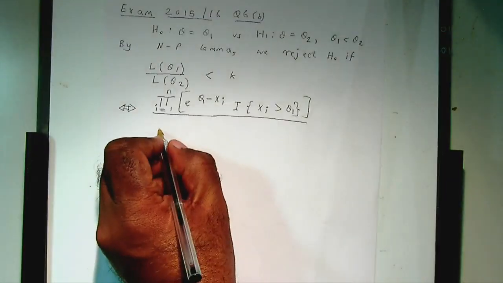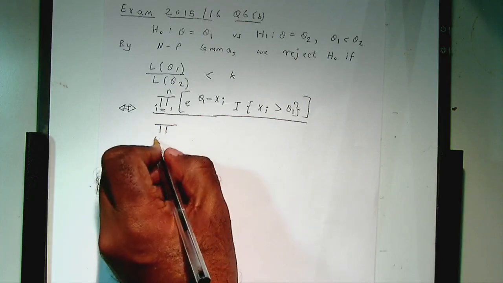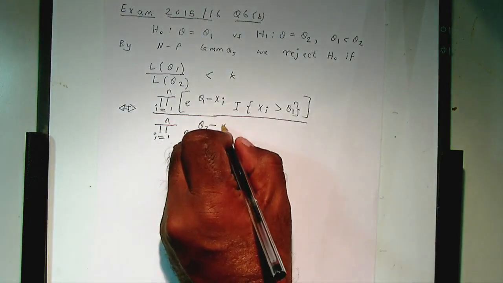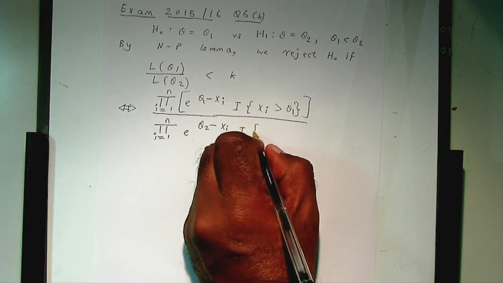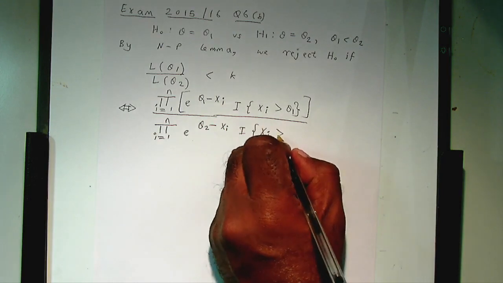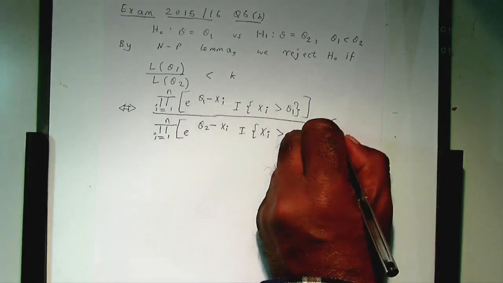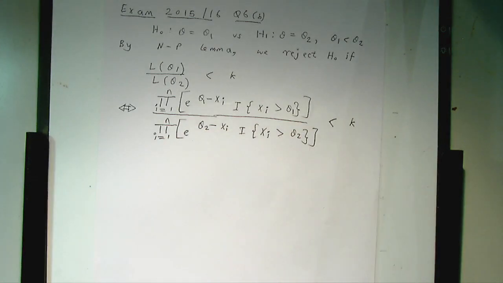And similarly, in the denominator, you must have theta 2 minus xi. You with me so far?